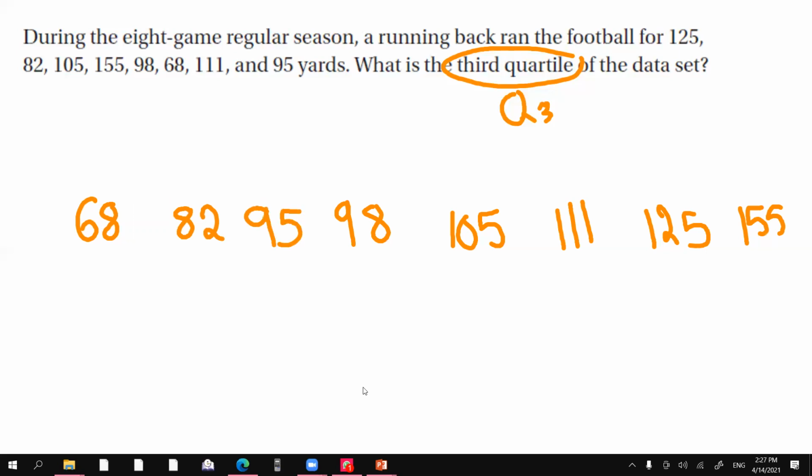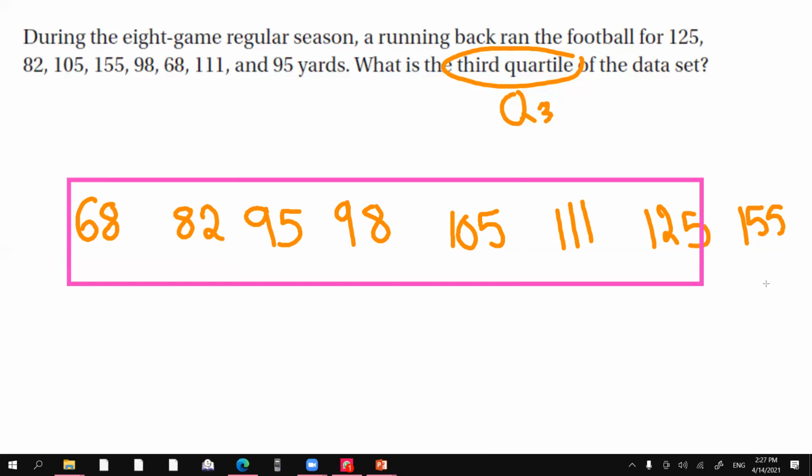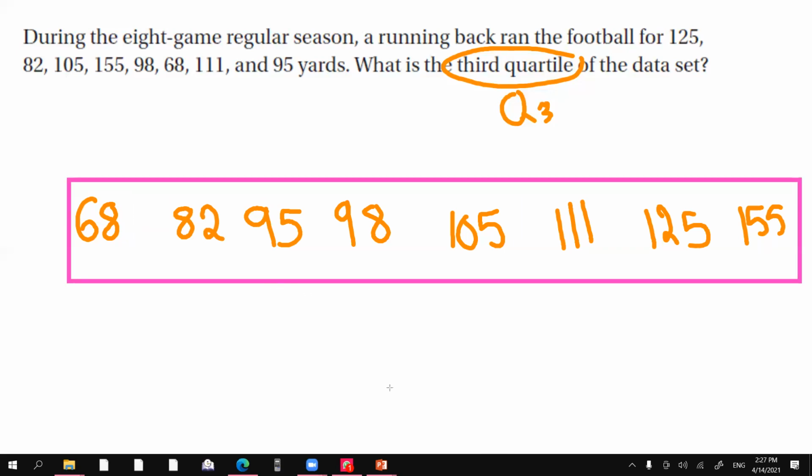And there's a 95. Now, in order to cut them, as I told you, imagine now you have a bar of chocolate. You need now to cut the bar of chocolate. Where should I cut it? At quartile 2, at the median. So when I ordered now, if I want to cut it, I will say 1, 2, 3, 4, 1, 2. So I will cut the bar of chocolate here.